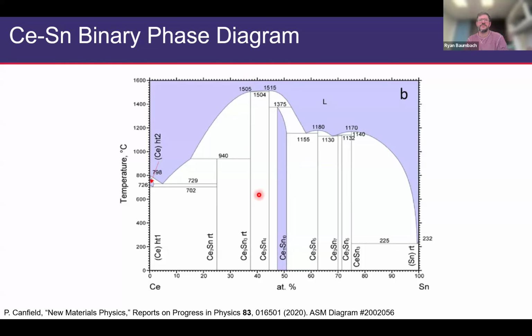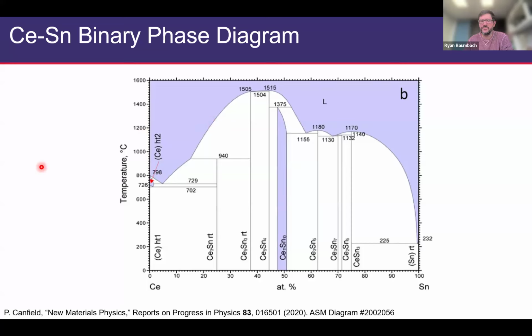Okay, but there are other phases that aren't like that. Let's see if I can find one. So cerium 3-tin, right? That very clearly is incongruently melting. And so in order to access this, we would either have to make the reaction at temperatures below the decomposition temperature, or carry out a different trick that I'm going to tell you about in just a second, which is essentially the principle of molten metal flux growth.